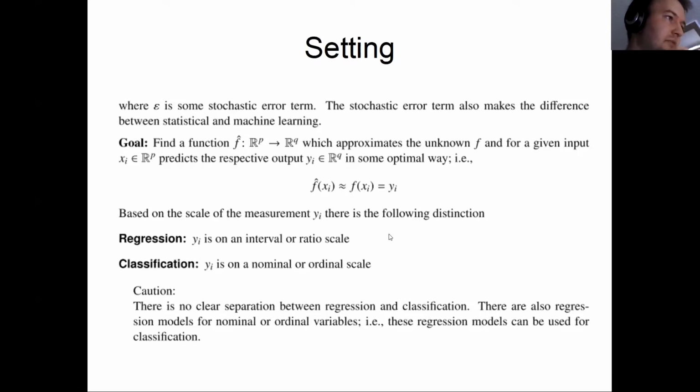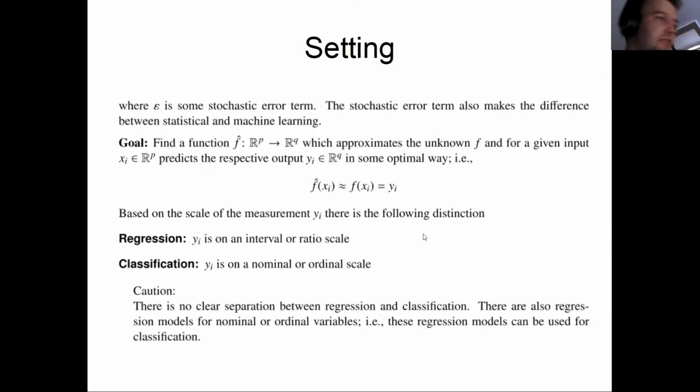Now it's very easy. I just want to mention, for the sake of completeness, that we can make the following distinction. If y is on a ratio scale or interval scale, then we call it regression. And as you've probably already learned by now, if y is on a nominal or ordinal scale, we call it classification.